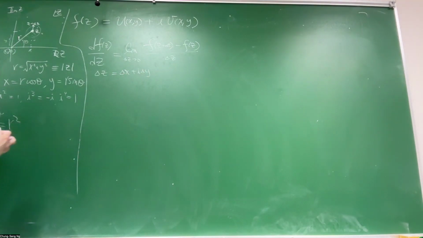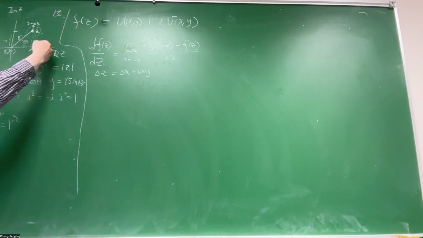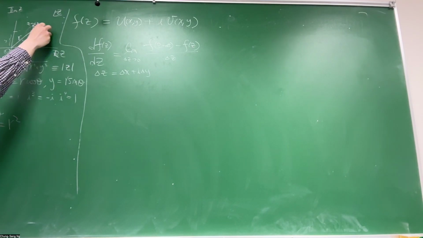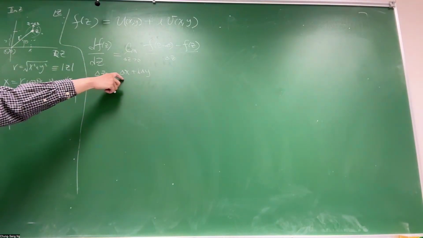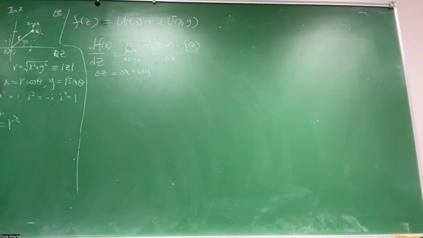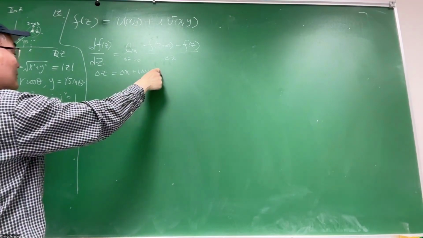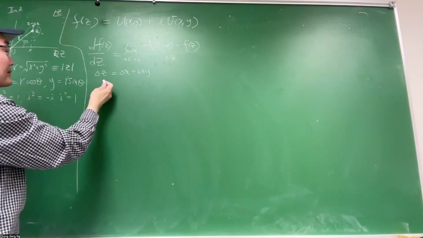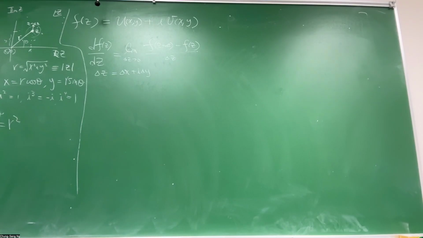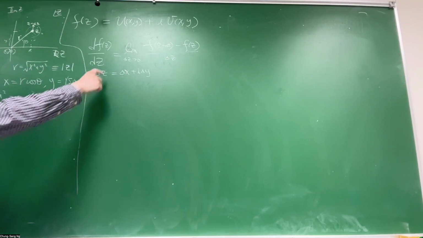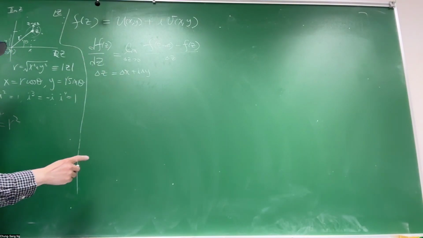So you have at least two directions. One direction is if delta y is zero, delta z approaches zero along the real axis. And the other way, you set delta x to zero, just changing delta y to zero along the vertical or imaginary axis. So you can do the same thing using these two directions, and then if this exists, the two should be the same.